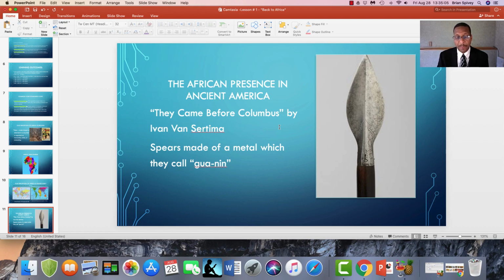That means they were able to melt this stuff down and put this stuff together. I don't even know how to do that. There's a science to mixing metals and melting metals, and there's a whole science to that. And so this was definitely an intelligent group of people.